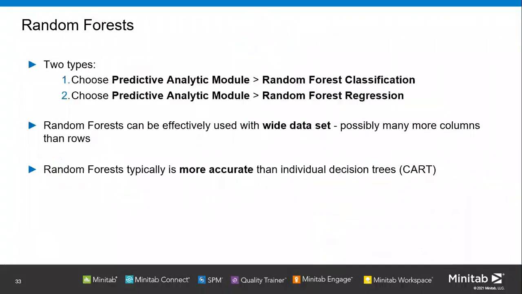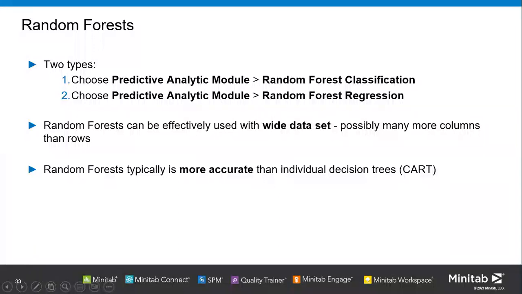For this case, random forest can be used effectively with a wide data set. A wide data set means you have many columns rather than rows, where a row is an observation.